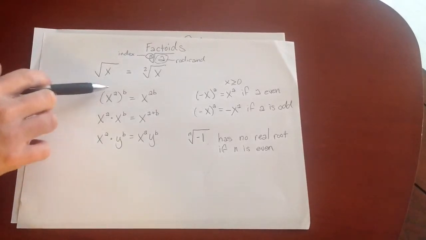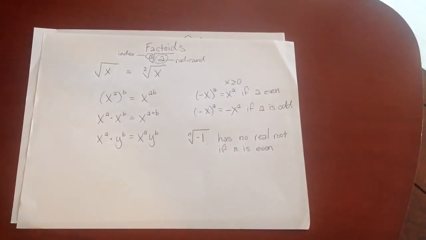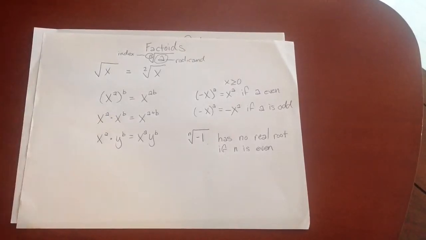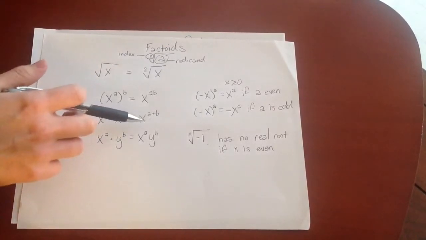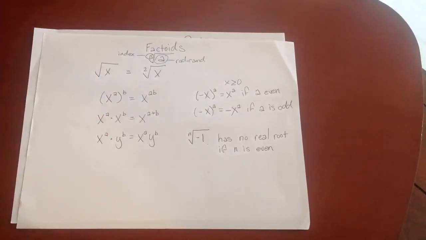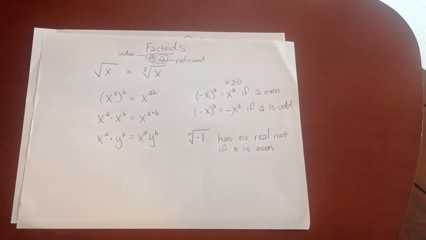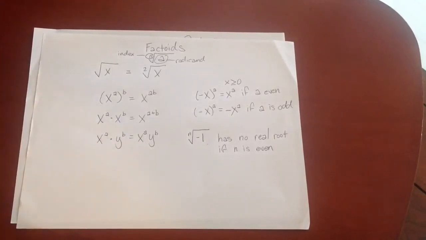So if we take something that's raised to a power and raise it again to another power, we multiply the degrees together. x to the a times x to the b: if two things have the same base raised to certain degrees, then the result is that same base raised to their sum. And finally, if we have two things of different bases and we multiply them, we don't do anything. We cannot combine them. I just wanted to make that clear.